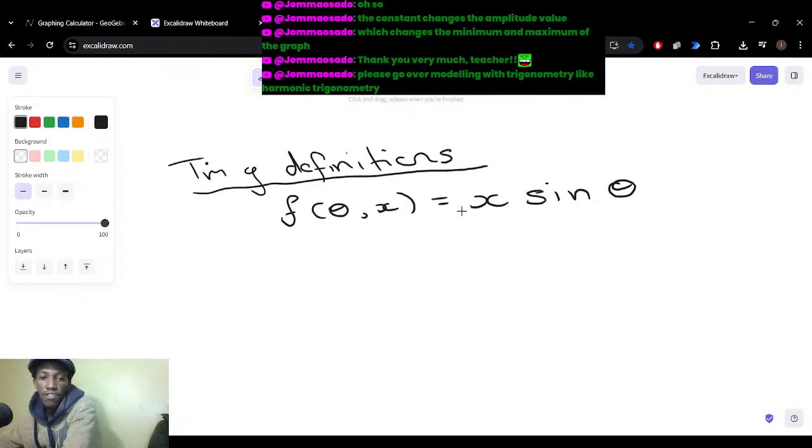From this equation, we have what is called the amplitude.